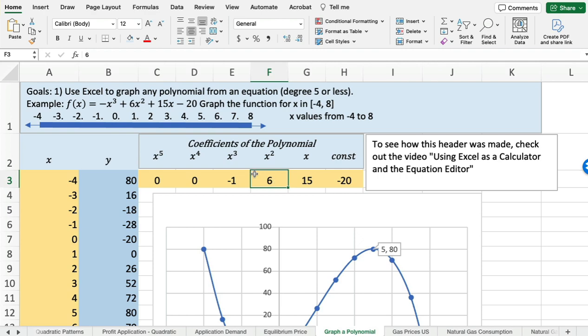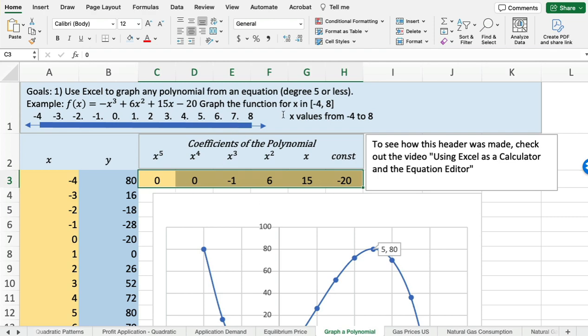F3, we have a +6 because we had a +6 x squared. G3 is +15 because there was a +15x. And then H3, we have a -20 because our constant term is a -20. So we literally are just typing those numbers into these cells.